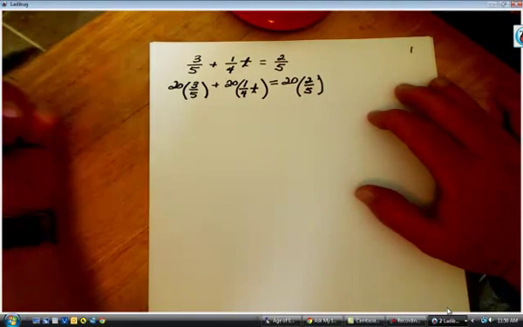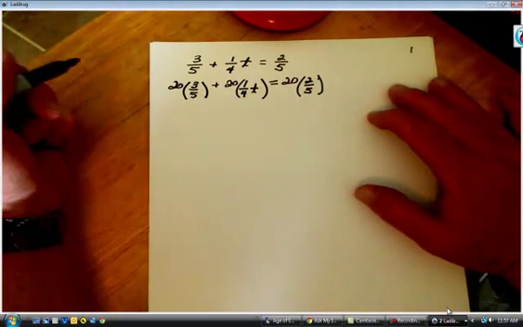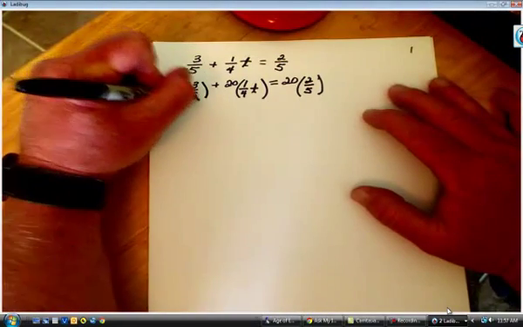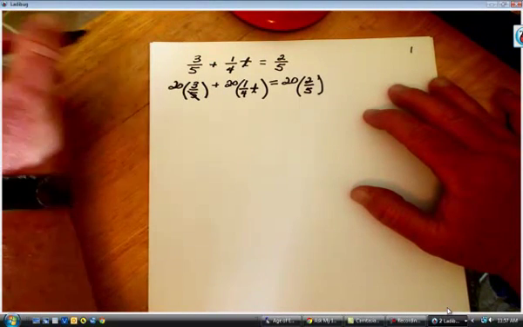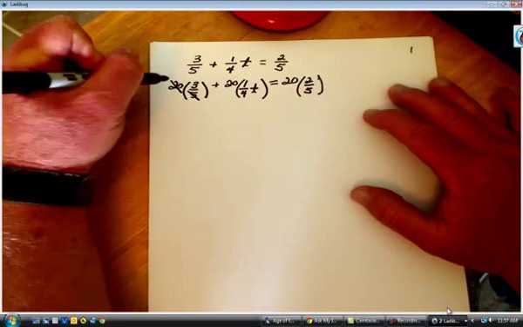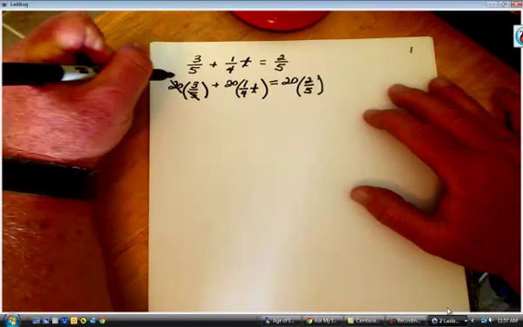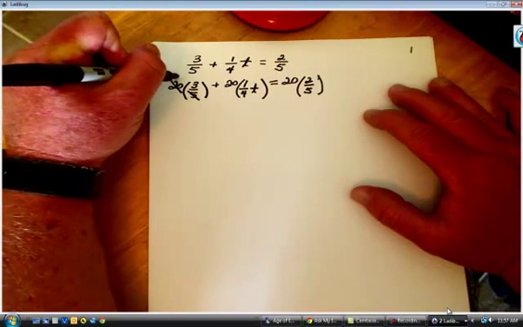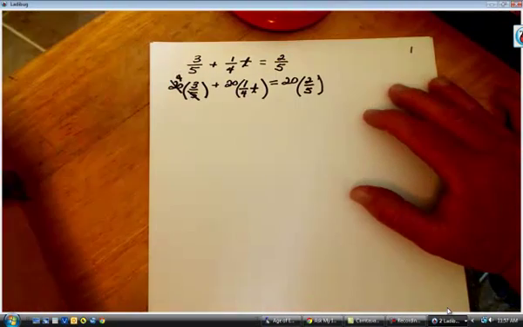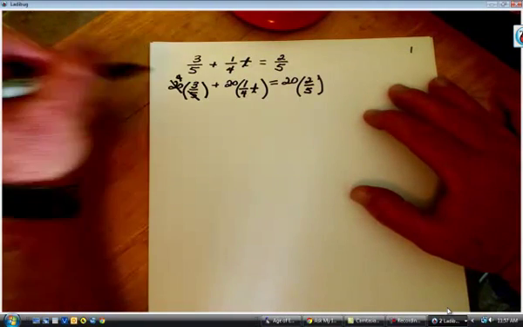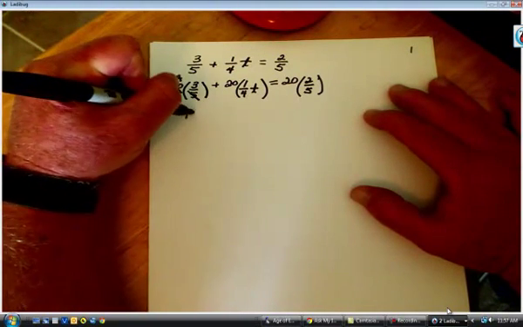Here we go. I'm going to now carry out the multiplication. 5 goes into 20, so I lightly cross through the 5 and I lightly cross through the 20. And in place of where the 20 was, I put a 4 because that's how many times 5 goes into 20. So 5 goes into 20 4 times, and 4 times 3 is 12.